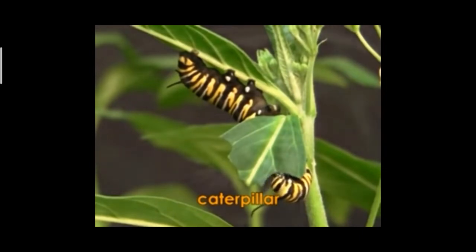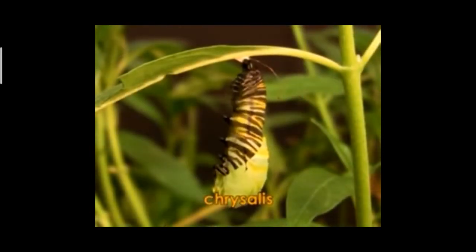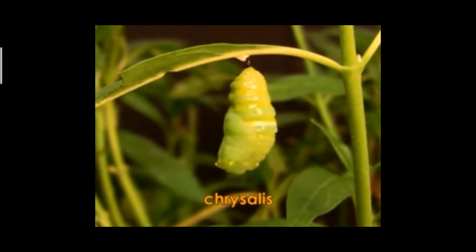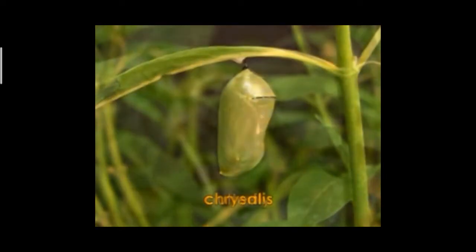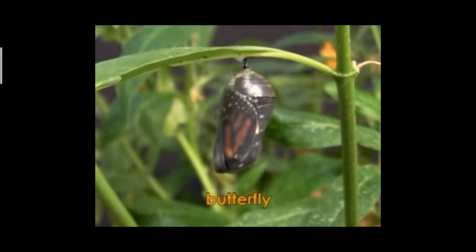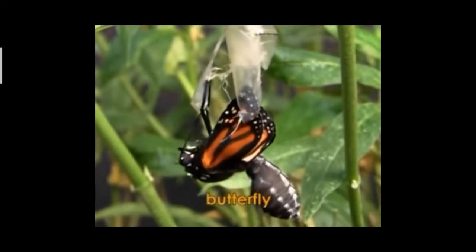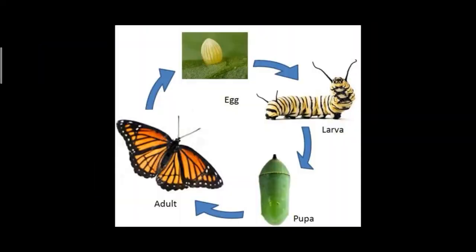This caterpillar will eat more leaves. Then it will go to the next resting stage, chrysalis or cocoon. Now the adult butterfly will come out from this stage. This is the life cycle of a butterfly.